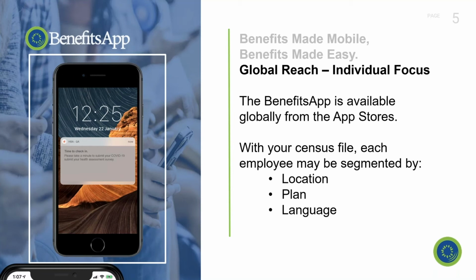We have global clients. When we're provided a census file, each census file has a row for each one of your employees. It may have multiple rows depending on your HRIS system, but each row represents your employee and the benefit that they are provided. So we attach an employee to a benefit plan, and we also can customize it by location and language.